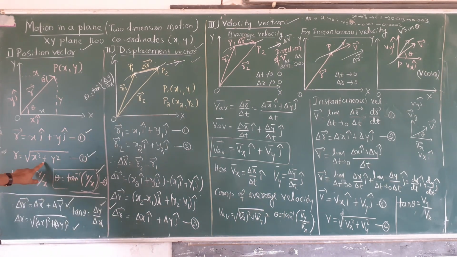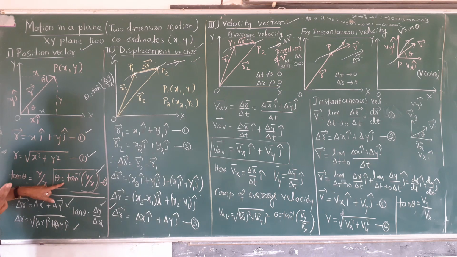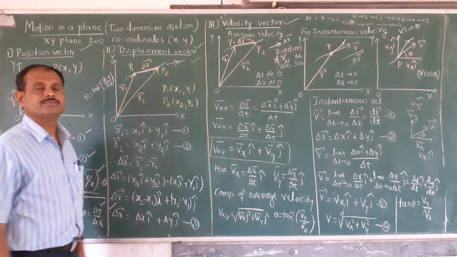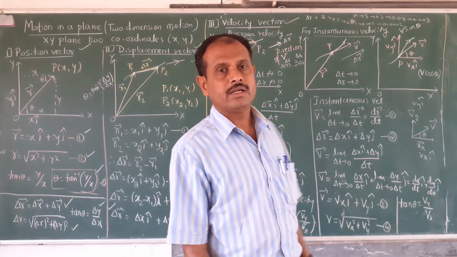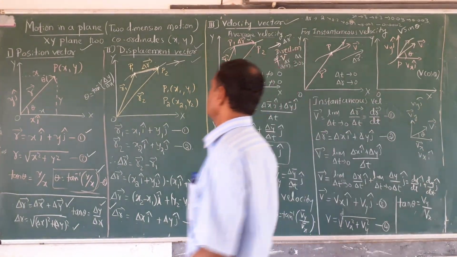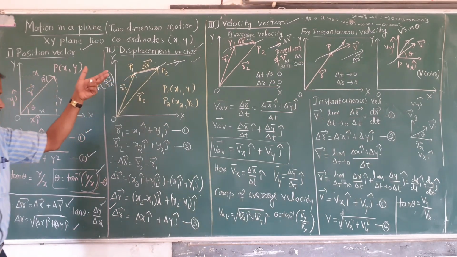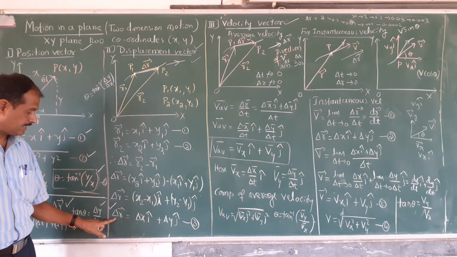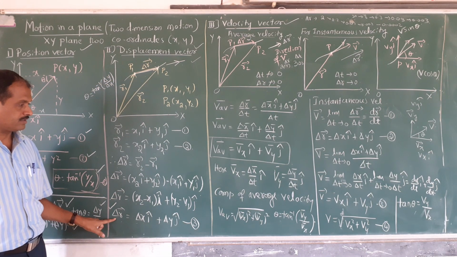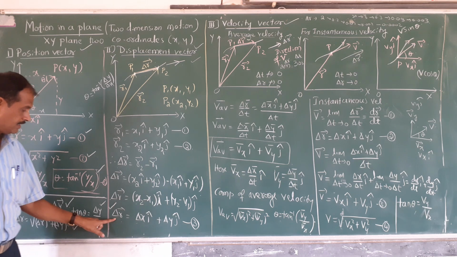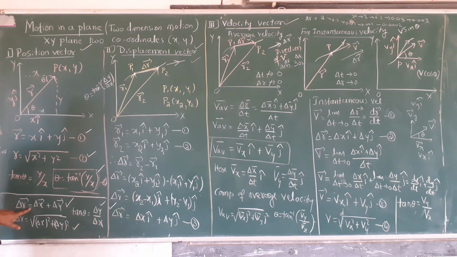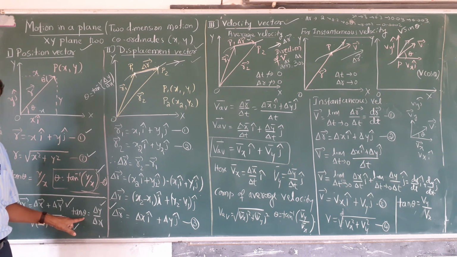This is the magnitude of the position vector. This is the direction of the position vector. Similarly, for displacement vector, this is the expression for the displacement vector. This is for magnitude. This is for direction. Three equations.